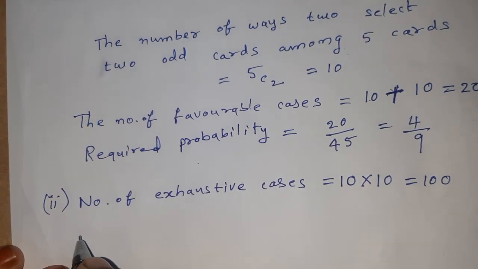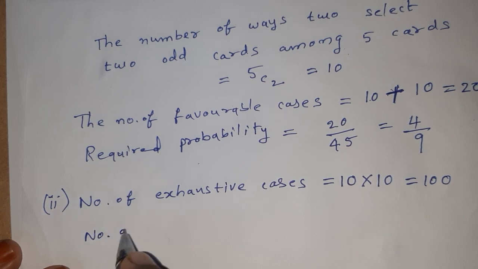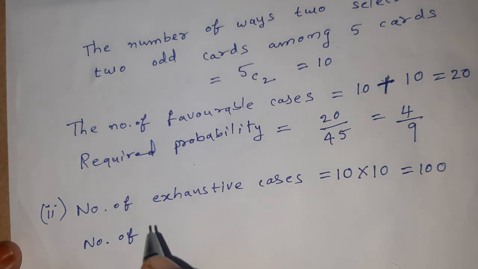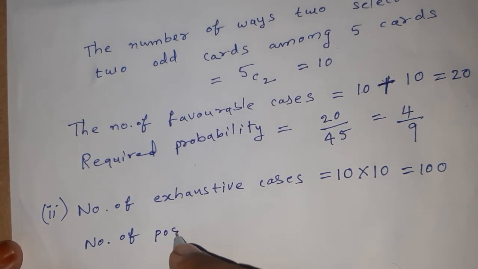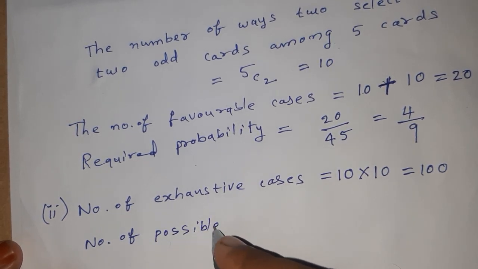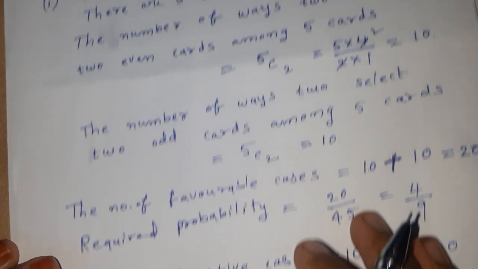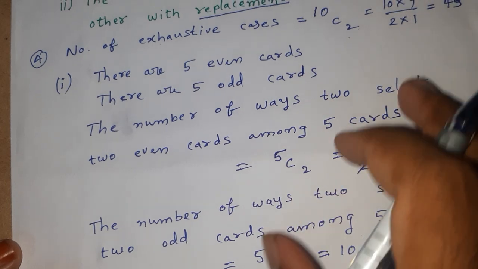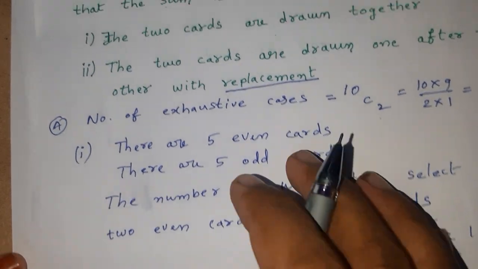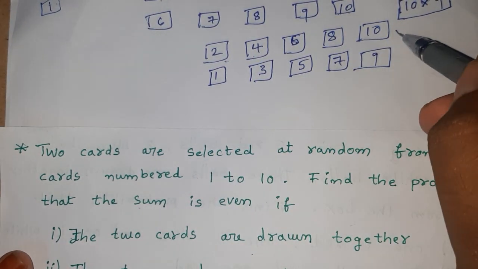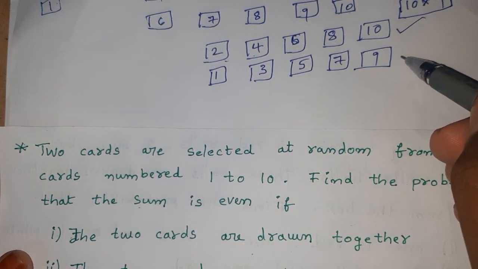Now, number of possible ways. As before, you have to select both of them as even chords or both of them as odd chords.